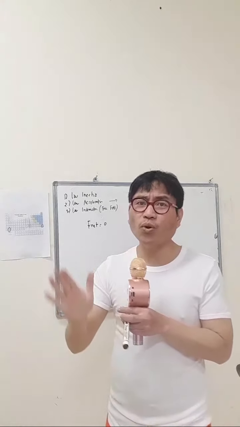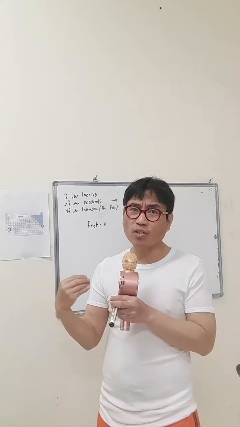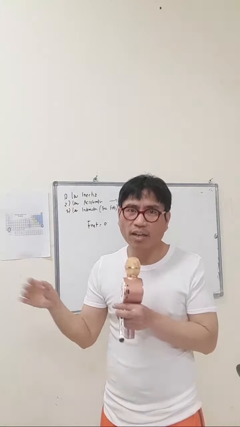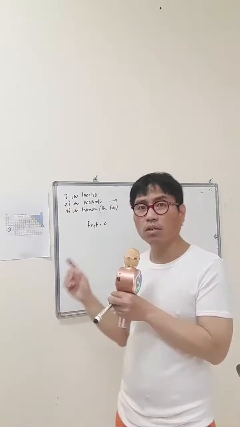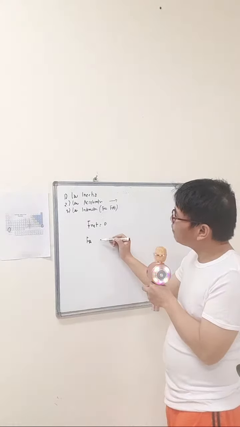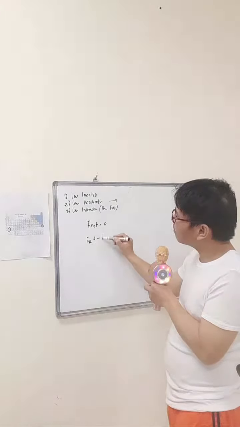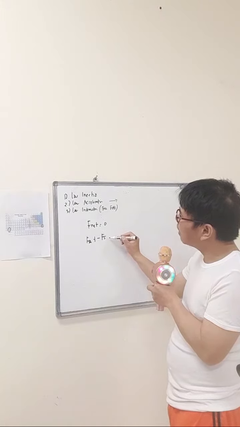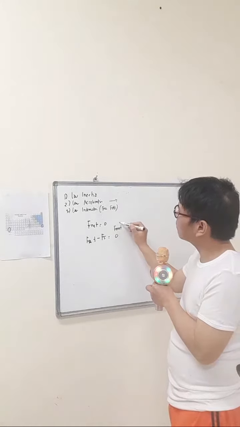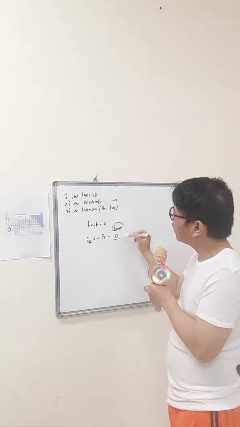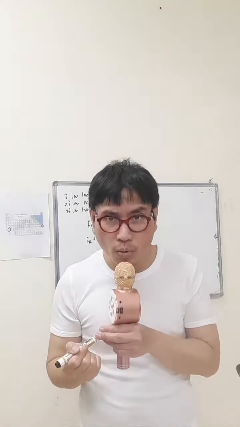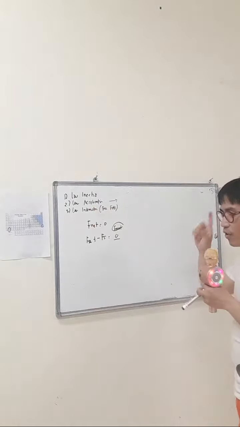Your applied force and your static frictional force will be equal, and when you add them you obtain 0. Let's say I have applied force F_A plus negative static frictional force equals 0. This 0 is your F net. If this is 0, then your object will not move. That's the first concept.